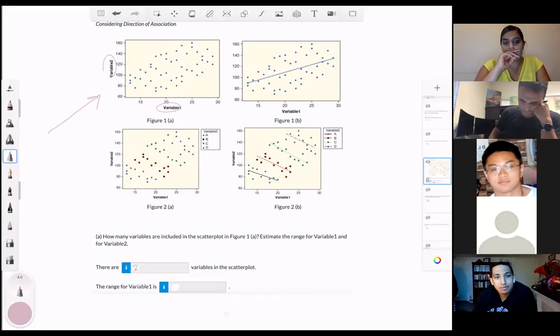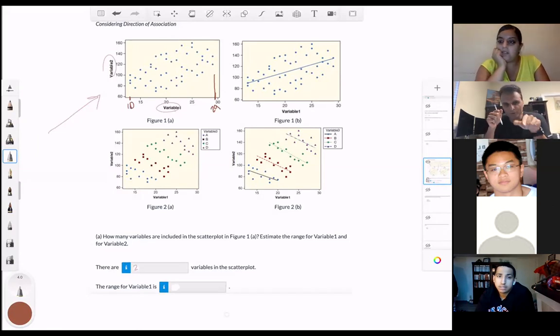Maximum minus minimum. Yeah, the maximum we're going to say is on this point, 29. The minimum is going to be 11, 10. So in an exam, for a question like this, you shouldn't be very off.